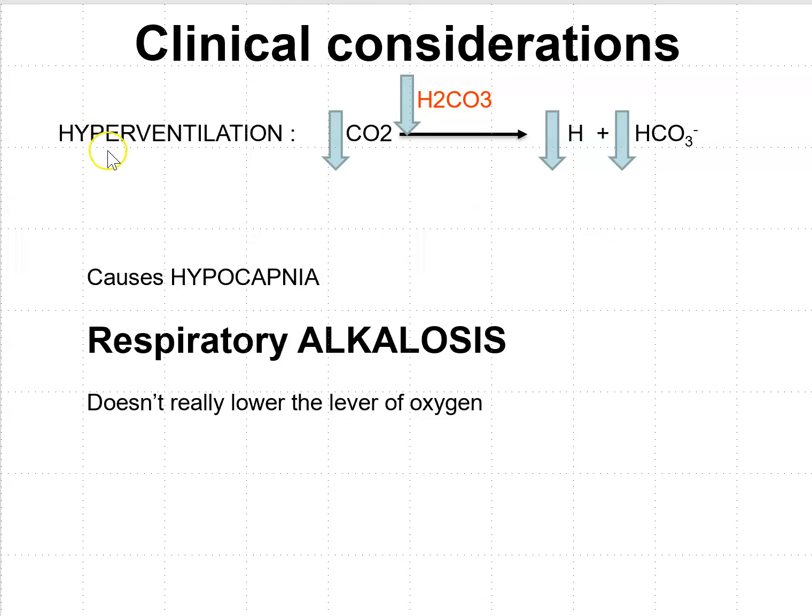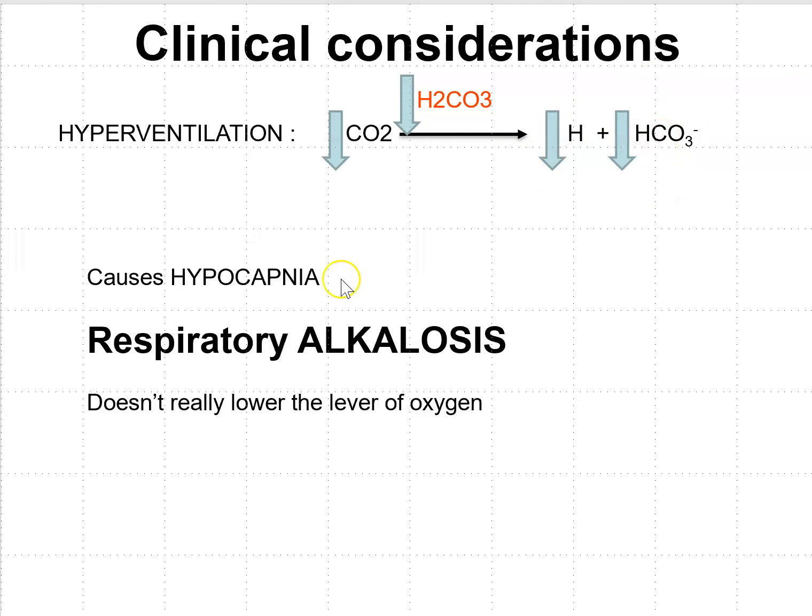Now, hyperventilation is rapid breathing, and you can see when people hyperventilate, they're asked to breathe into a bag, right? That's because they have very rapid breathing, and during hyperventilation, it causes too much breathing, so we lose too much CO2, which leads to a lesser amount of H2CO3 in the blood, which in turn leads to a lesser amount of H plus ions and carbonate ions in the blood.